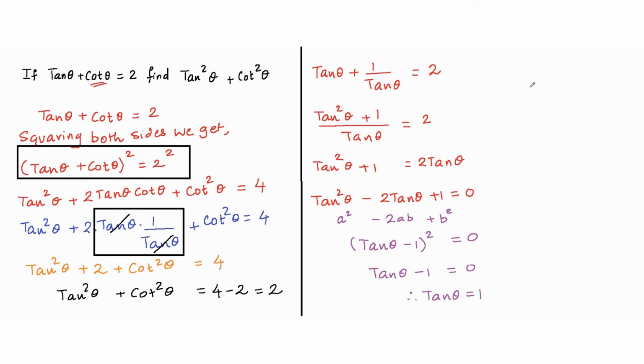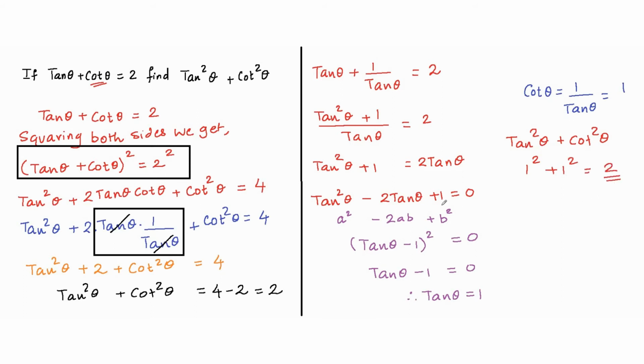Because if tan theta is 1, cot theta is 1 over tan theta, and tan theta is 1, so 1 over 1 is 1. So now if you are asking me to find the value of tan square theta plus cot square theta, it is going to be 1 square plus 1 square, which is equal to 2.